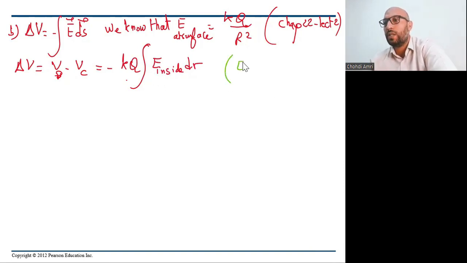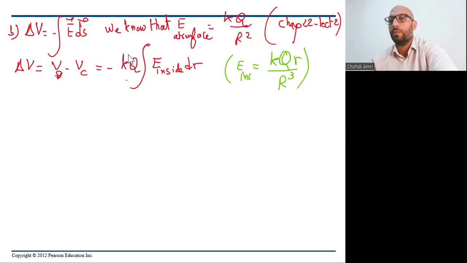We know that E inside the insulating charged sphere equals KQ r over radius cube. Okay? Don't forget that this VC is at the surface and VD is inside. Our objective is to calculate VD.